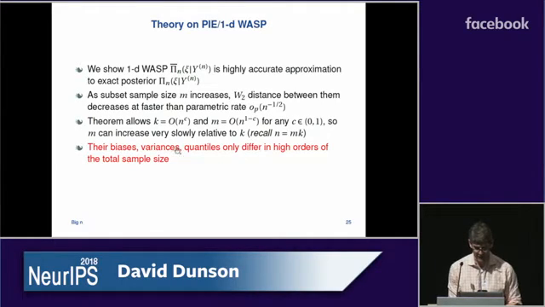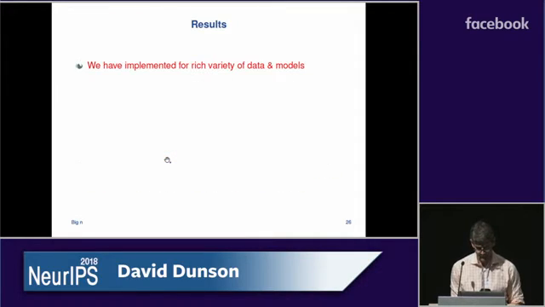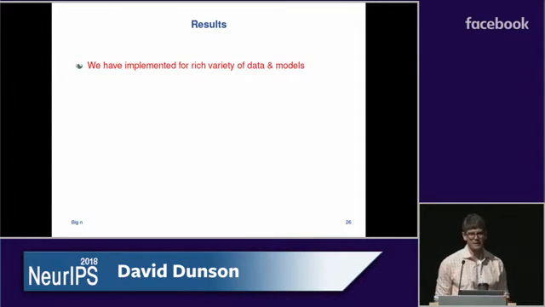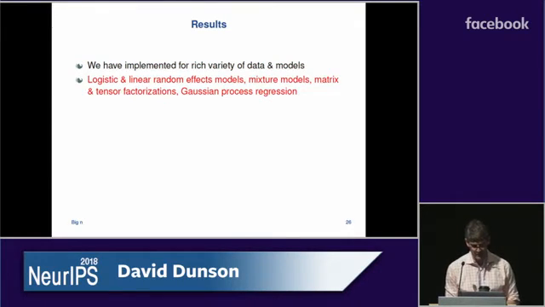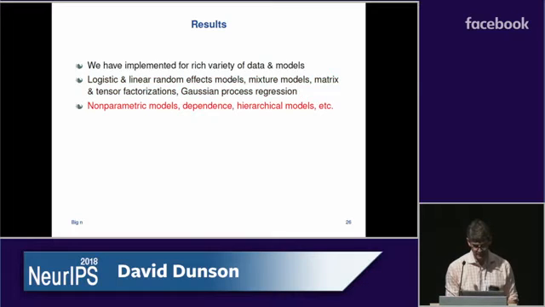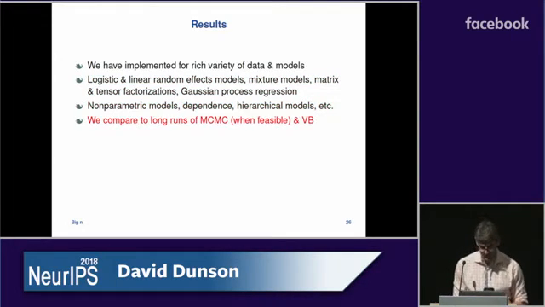The bias and variance of the quantiles only differ in higher orders of the total sample size. We've implemented this in a really broad variety of data and models. I don't have time to show results for this part today, but they include logistic linear random effects models, mixture models, matrix factorizations for recommender systems, Gaussian process regression, non-parametric models, etc.